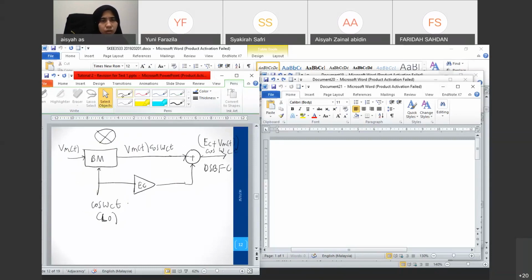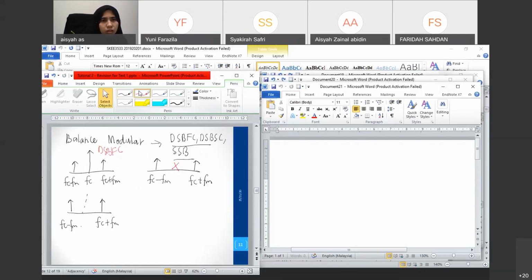So the filter is taken from here, and we use a filter at FM. The size of the filter is 2 FM, because the bandwidth is 2 FM.